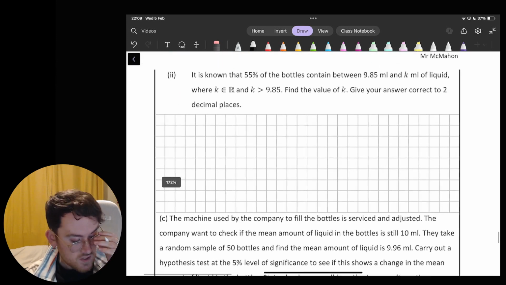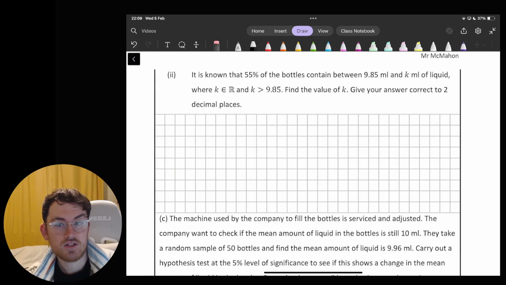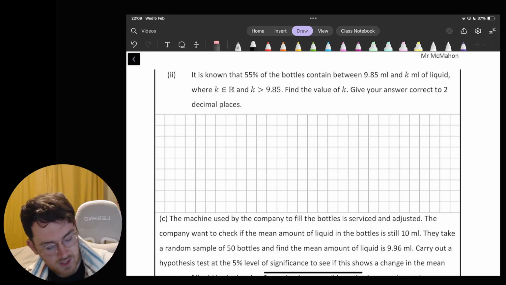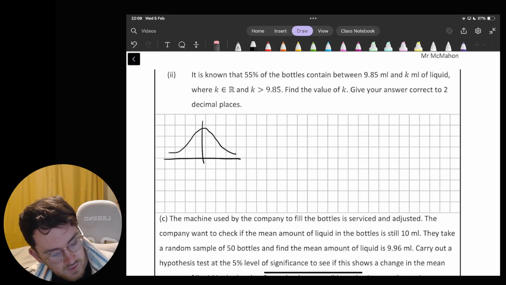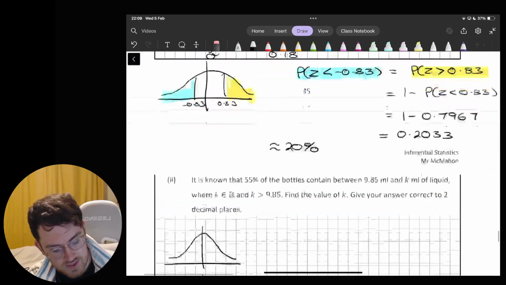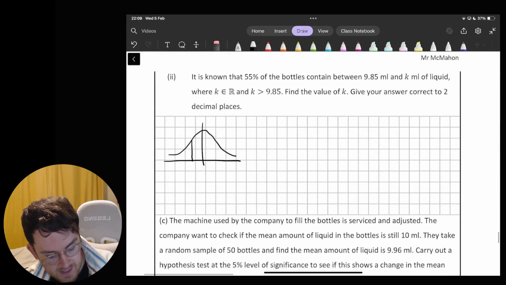We're told now it is known that 55% of the bottles contain between 9.85 milliliters and k milliliters, where k is a real number and greater than 9.85. Find the value of k. So I know that the average value is 10, so 9.85 is going to be less than that.